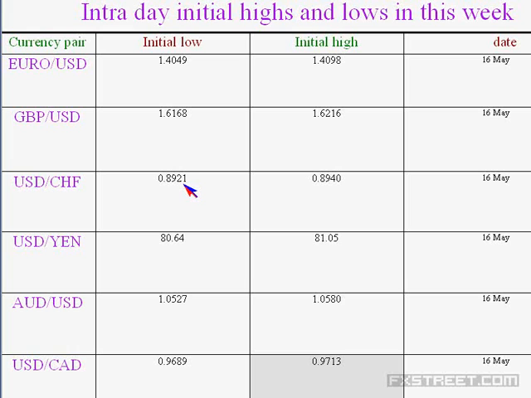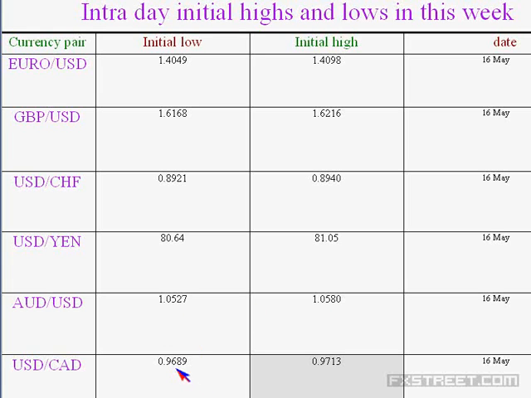So it indicates that they have done a brief downward stop, and slowly they have gained the level in the case of CHF. They could gain more levels in the case of CHF, holding Euro. Then in the case of Yen, 80.64 is the low, which is not breached. 81.05 is also not breached. Australian dollar 1.0527 and 1.0580, they are not breached.